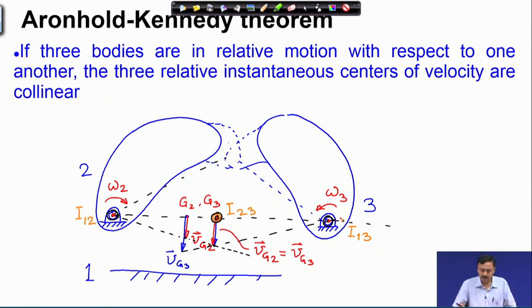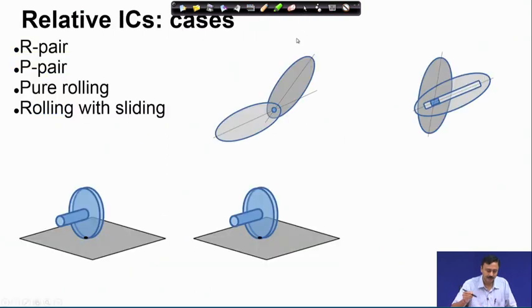Now, we are going to look at the implications of this theorem after looking at some examples which you have seen before. So, this is the relative IC between bodies 2 and 3, the revolute pair. For the R pair, the revolute pair itself is the relative IC I23. In the case of a prismatic pair, the relative IC between the bodies 2 and 3 lies on this line which is perpendicular to the direction of sliding.